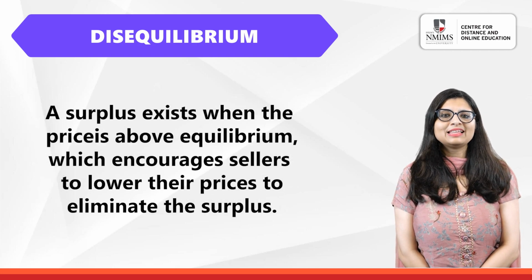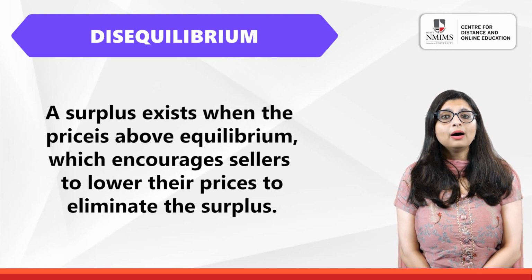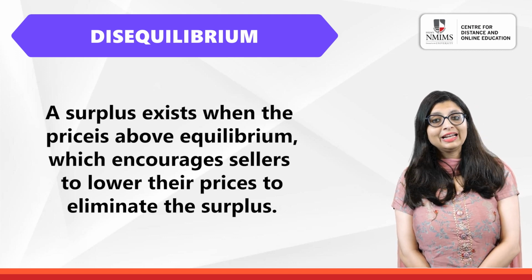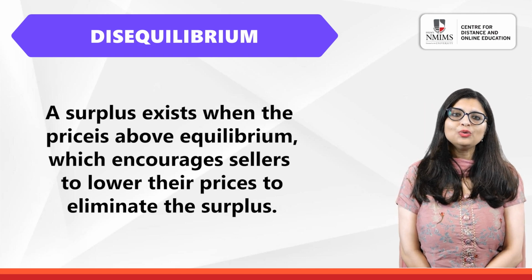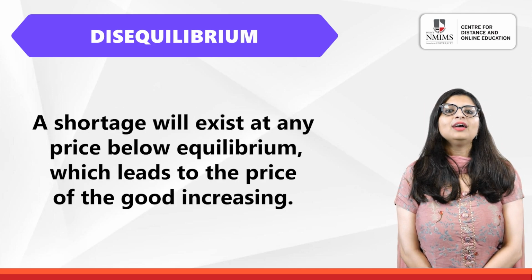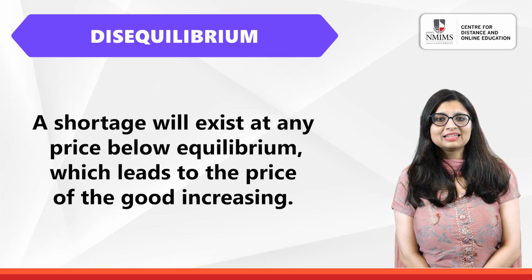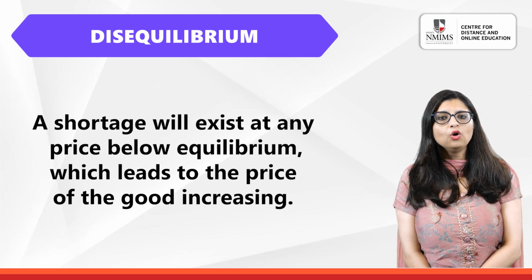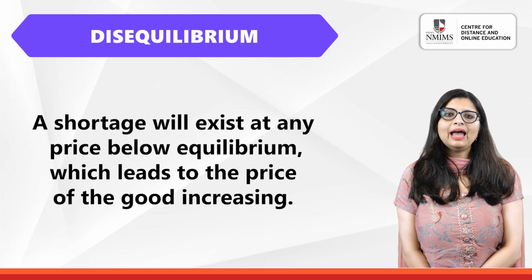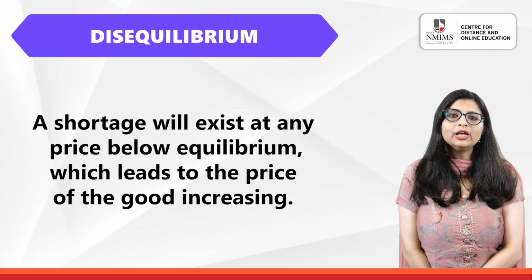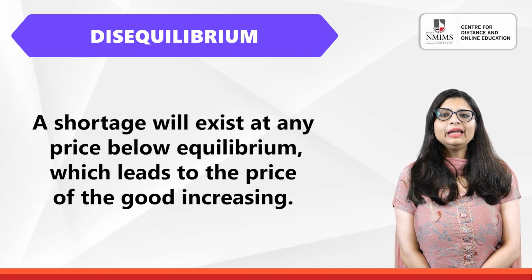A surplus exists when the price is above equilibrium, and that would encourage the seller to lower their price in order to eliminate the supply. A shortage will exist at any price which is below the equilibrium, which leads to the price of goods increasing.